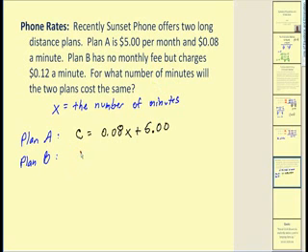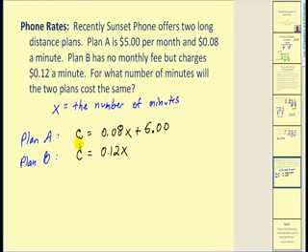For Plan B, the total cost for the month is a little bit simpler. It's just 12 cents per minute, which we'd represent as 0.12 times x. Again, there's no fixed cost for Plan B. Now the question is, for what number of minutes will these 2 plans be the same?